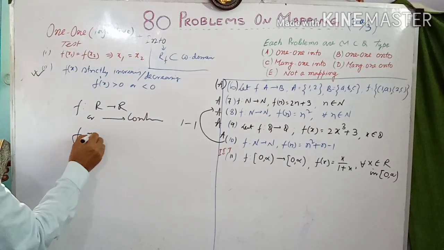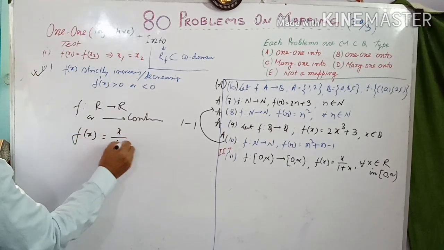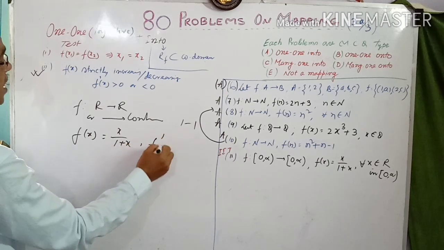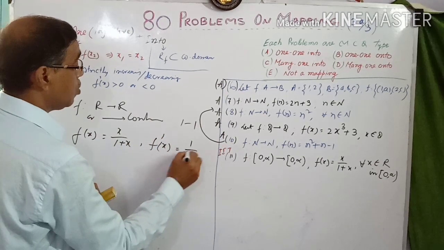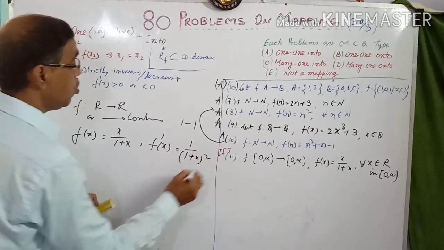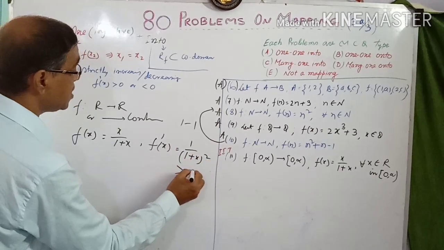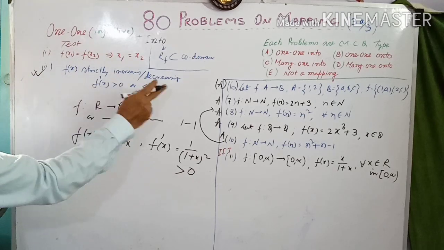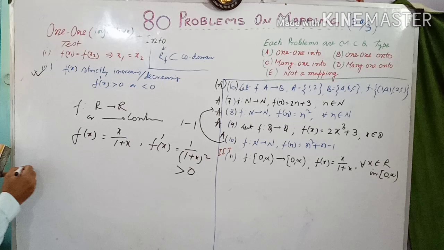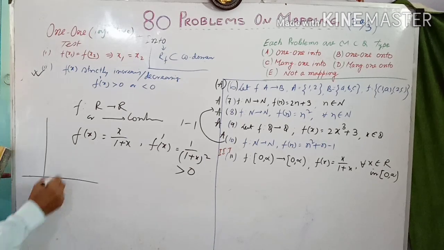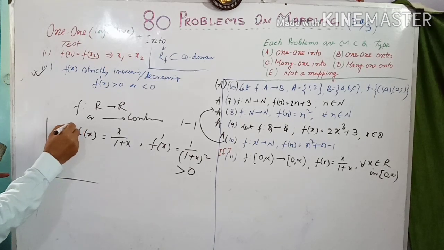Now f(x) equal to x by 1 plus x, therefore f dash x equal to 1 by (1 plus x) square, which is also greater than 0, that is strictly increasing. In this case it is 1-1. Strictly increasing, in this case we can solve easily by the graphical method.